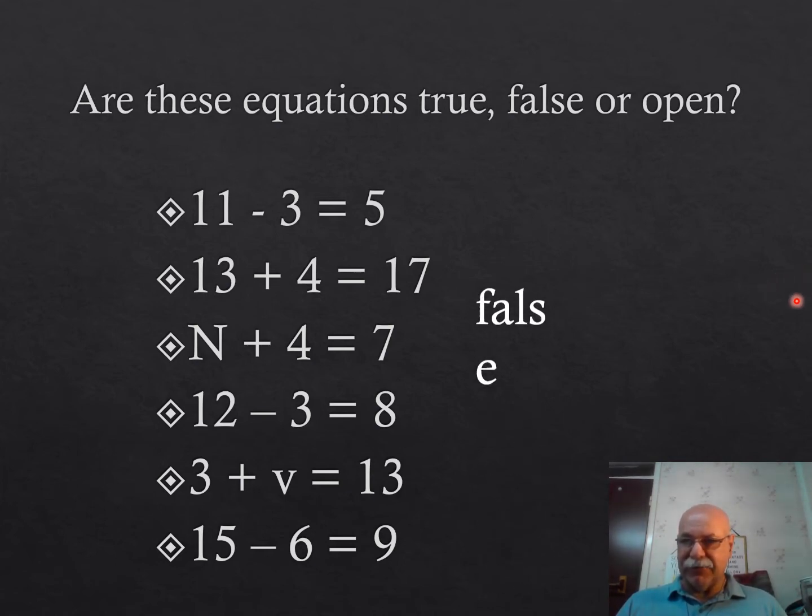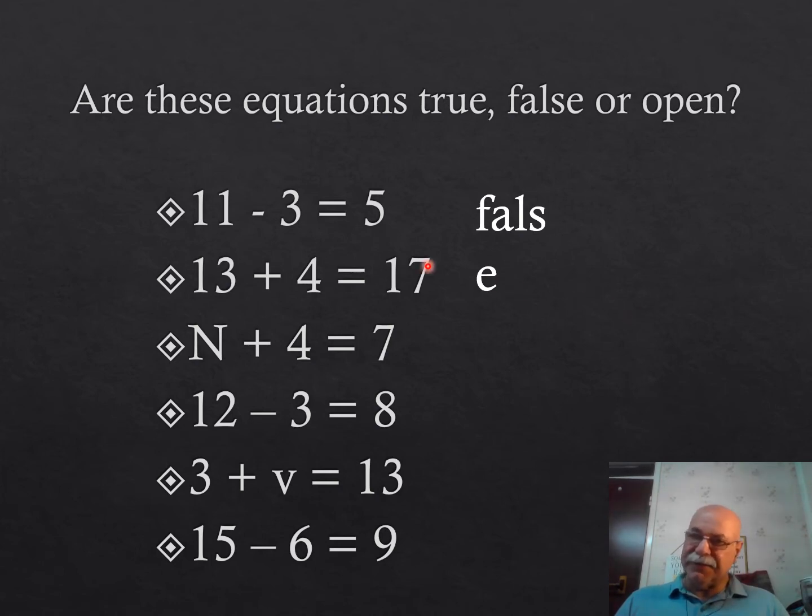After that, you can see this is false, because 11 minus 3 is not 5, it is 8. Here, 13 plus 4 equals 17. Counting 14, 15, 16, 17, this is truth.